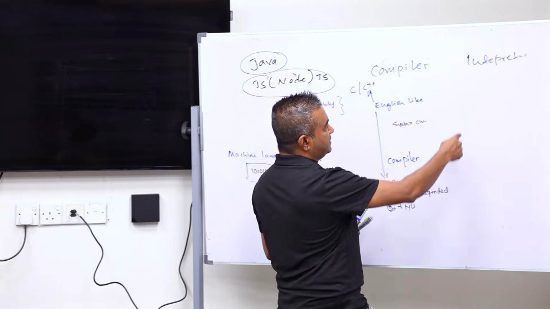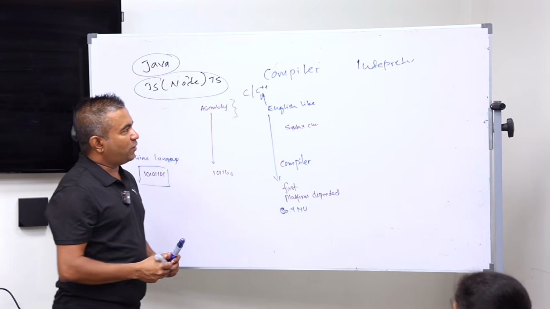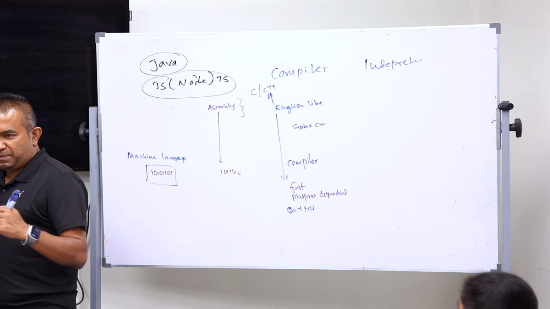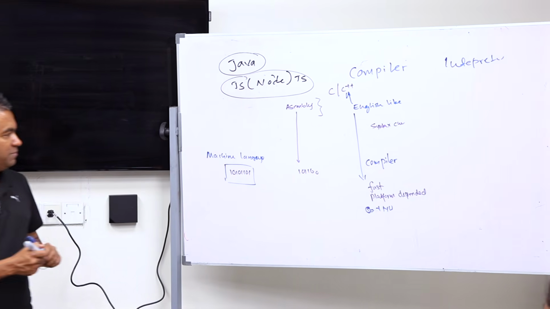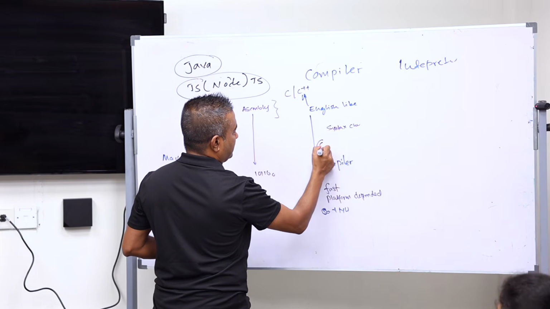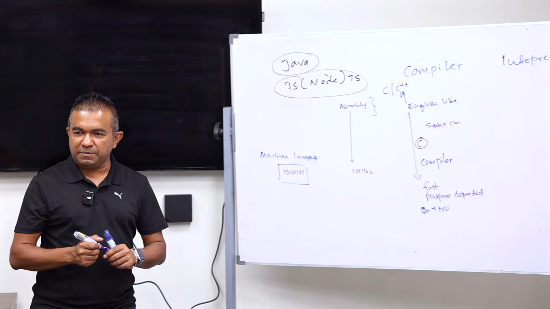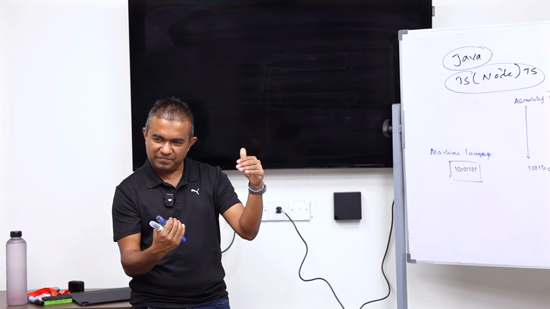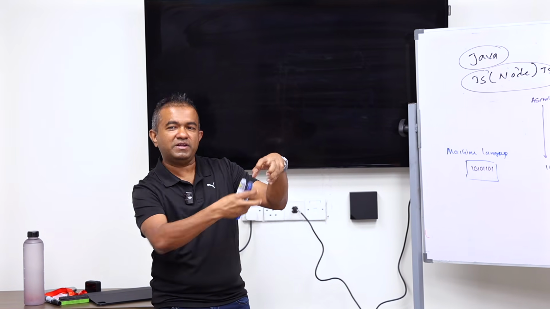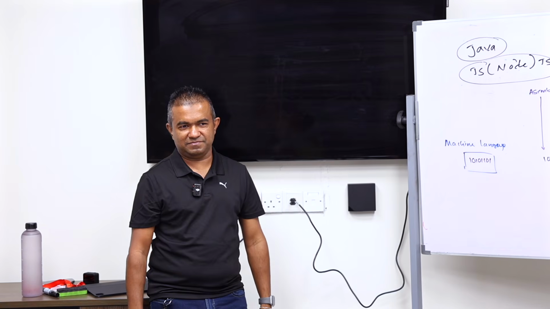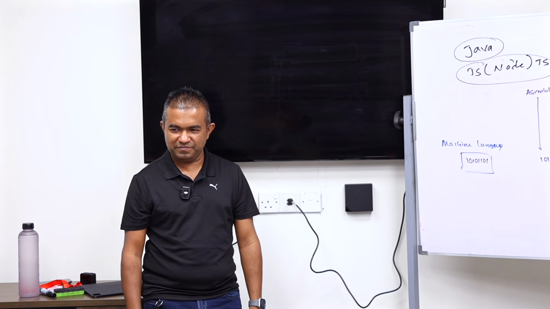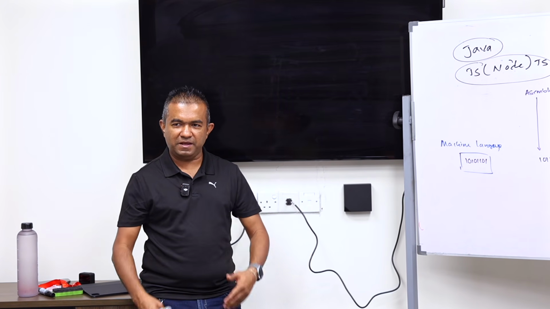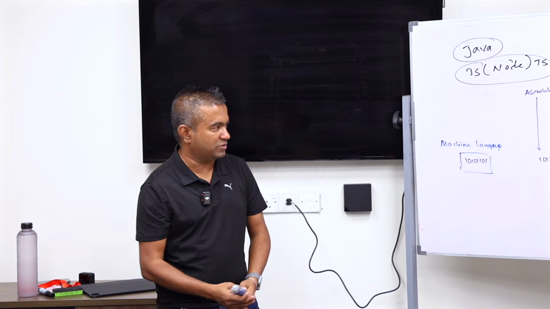So there is some other thing called an interpreter. What the interpreter does is, the interpreter does not convert, for example, C. The interpreter does not compile the code. It interprets at runtime, it does not compile. In the runtime, it interprets the code.